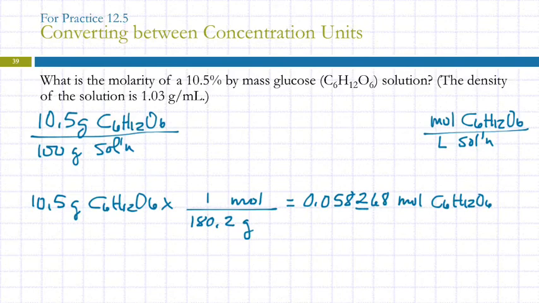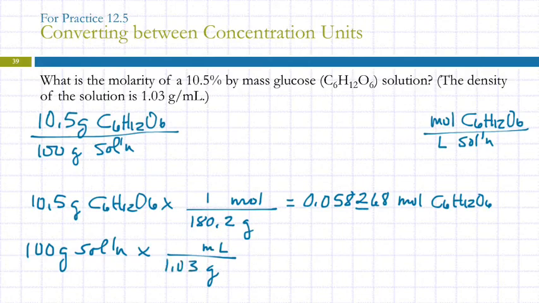And then I've got 100 grams of solution, and I need to convert that to liters. I'm going to need the density. The density, grams on the bottom, milliliters on the top, is 1.03 grams per milliliter. And then I can convert milliliters to liters.